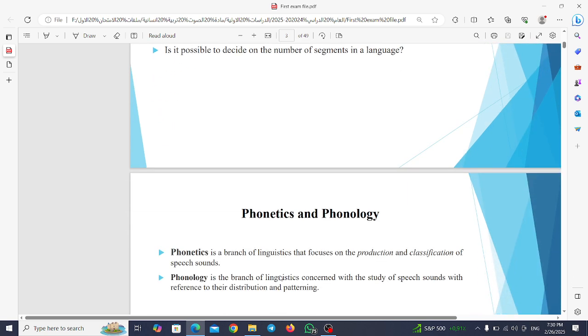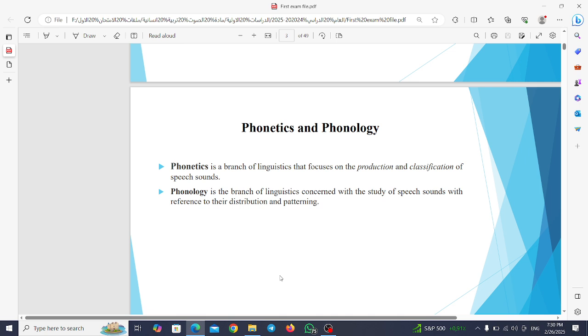So, phonetics and phonology: we have certain definitions for the word phonetics and the term phonology. Phonetics is the branch of linguistics that focuses on the production and classification of speech sounds.